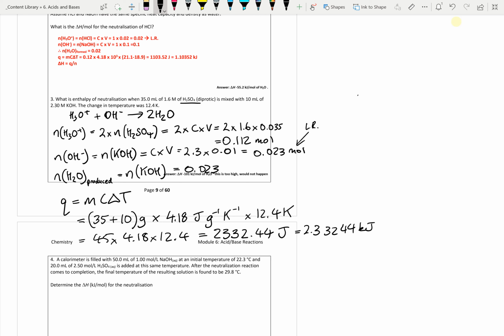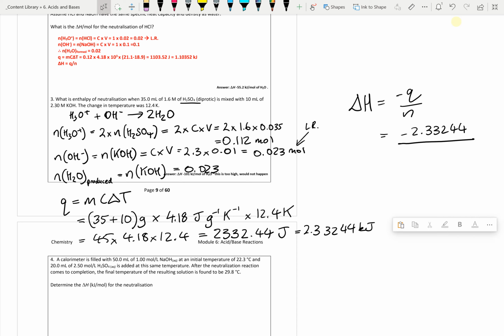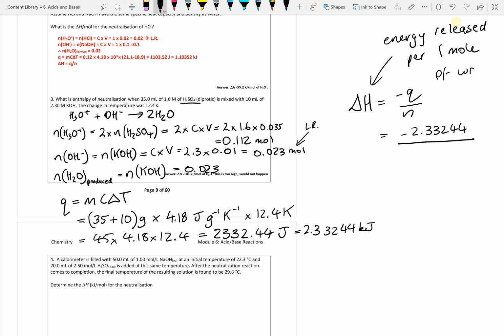And the last little bit is the enthalpy of neutralization is equal to negative q on n. And I've got negative 2.33244 by the amount of moles of water formed, which is actually the definition. This is the energy released per 1 mole of water formed.